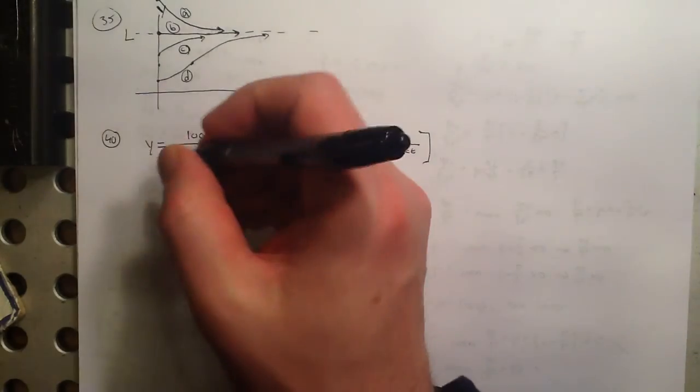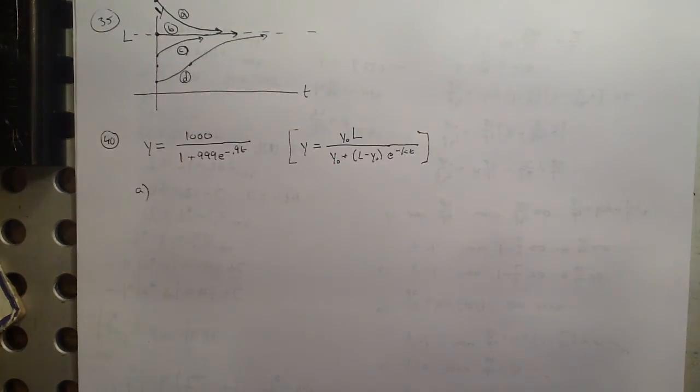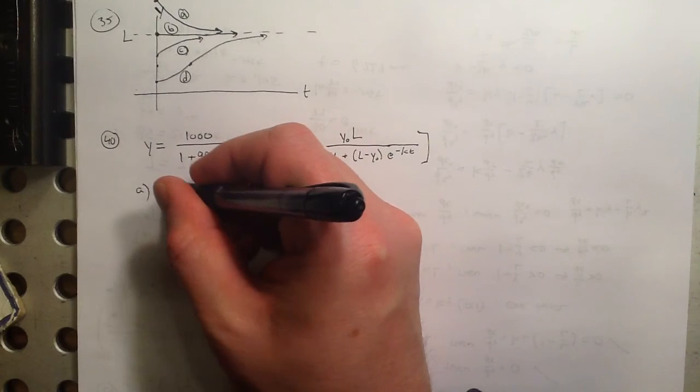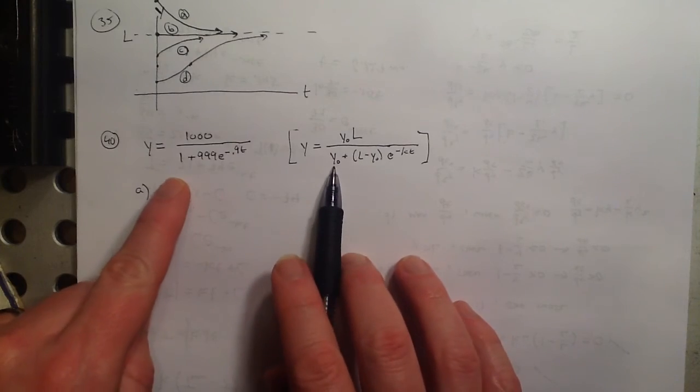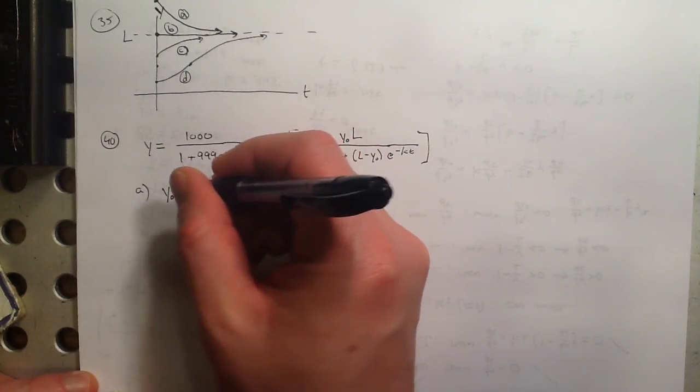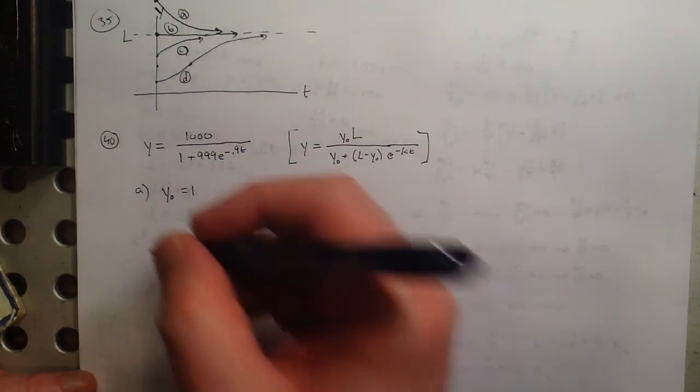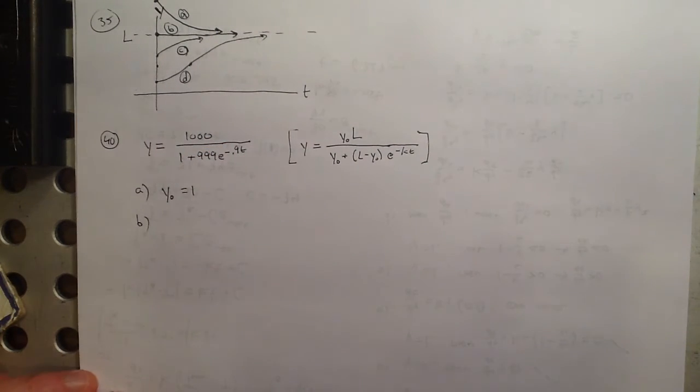So part A, they want to know what is the population at time 0? Well, that's y sub 0. So matching up these two equations, y sub 0 is 1. B, what's the carrying capacity?